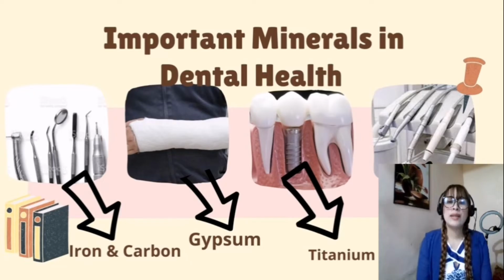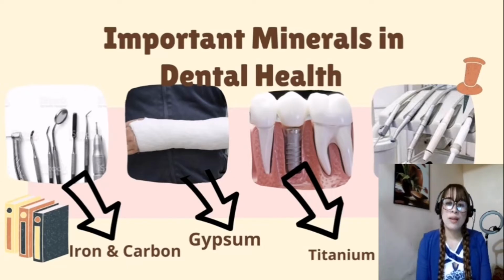And how about in dental health? Dentists, what are they using? What minerals are they using in order to do their jobs? For the first one, the tools that they use in dentistry comprise iron and carbon.